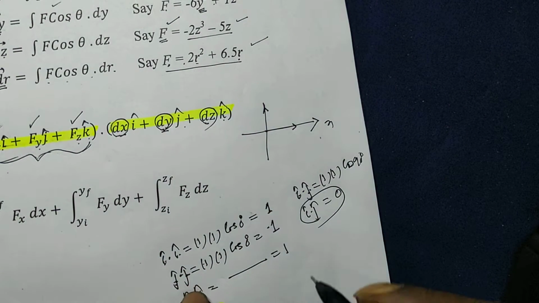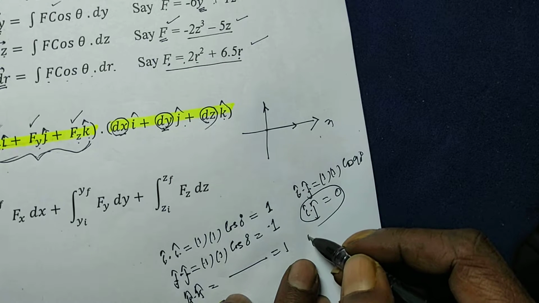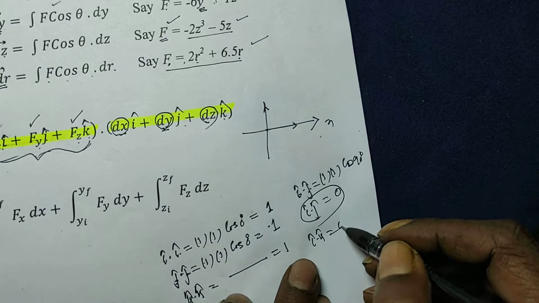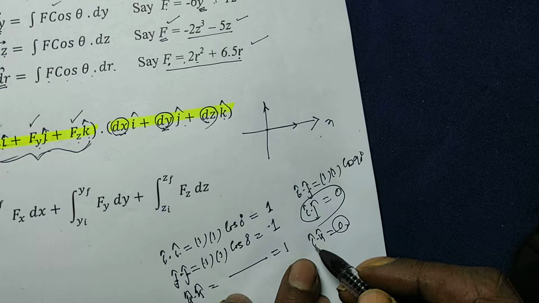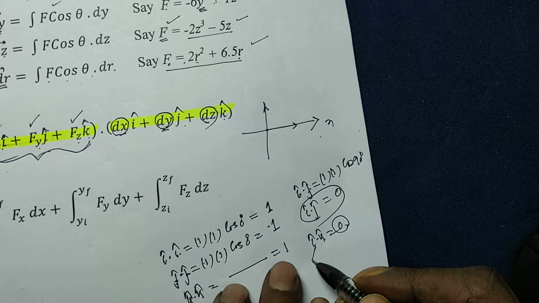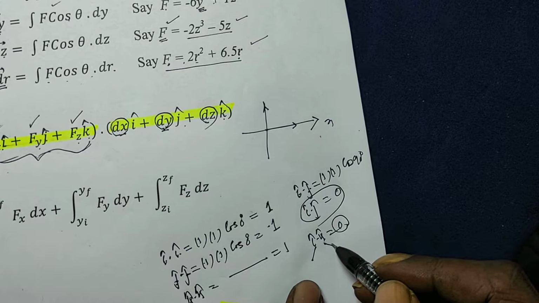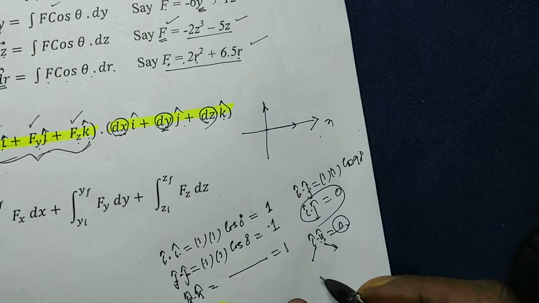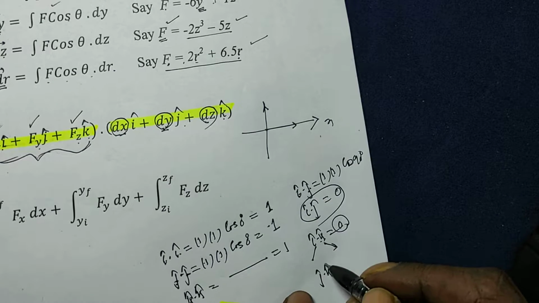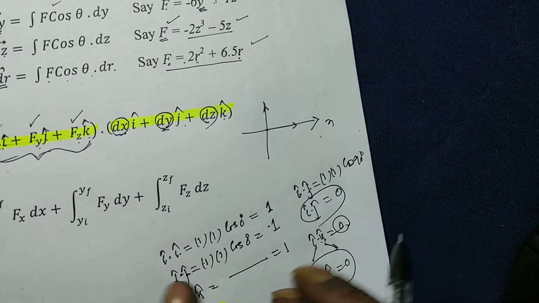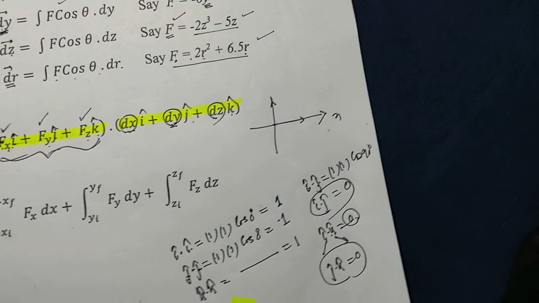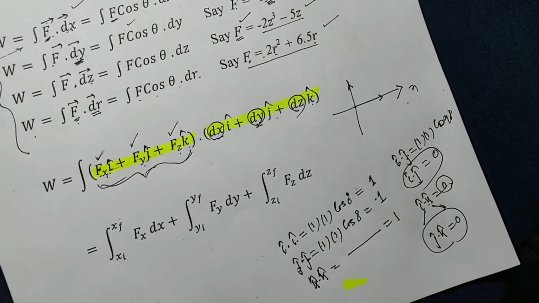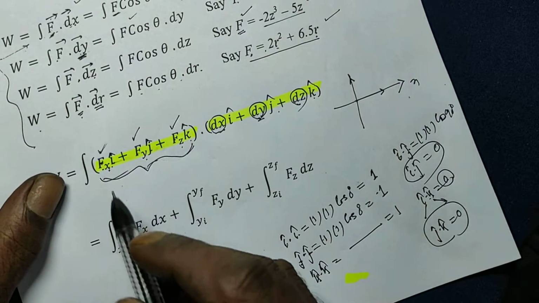Similarly, I dot k also becomes 0, because I cap is a unit vector along the x-axis and k cap is a unit vector along the z-axis, so they are perpendicular, cos 90 is 0. Similarly, j dot k is also 0. You already know this from your school days. So now let us apply that.